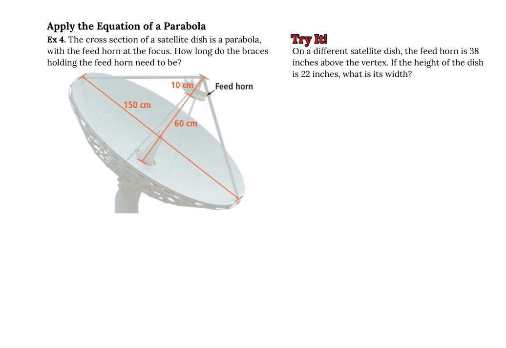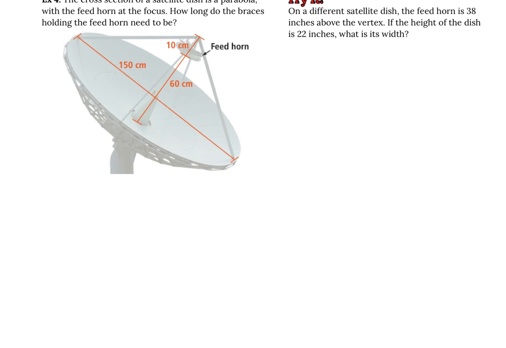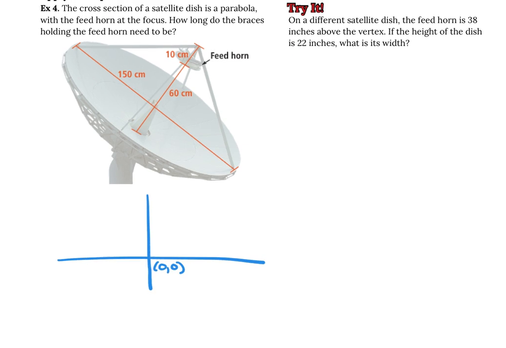Okay, so let's sketch this out in a coordinate plane. I have my origin here. Our feed horn, the triangle for that, is a little bit above the axis.